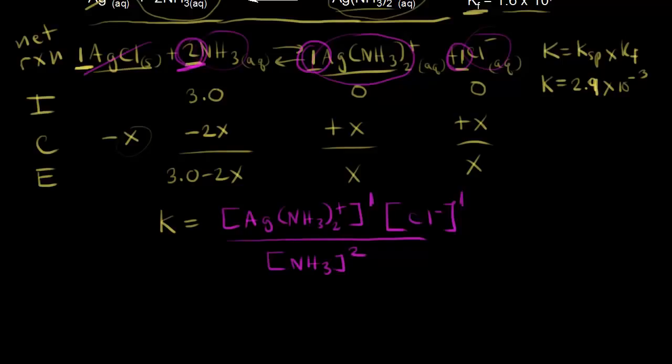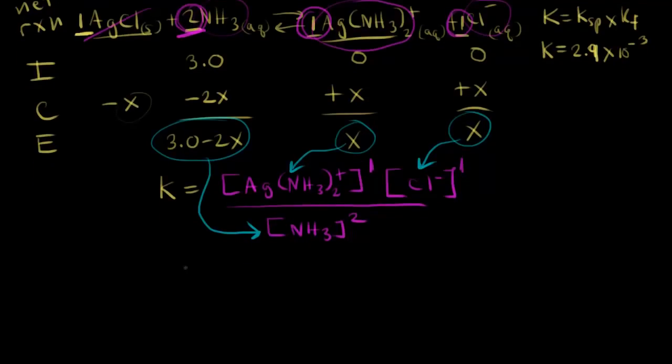Next, we plug in our equilibrium concentrations. So our equilibrium concentration of ammonia is 3 minus 2x, our equilibrium concentration of complex ion is x, and our equilibrium concentration of chloride anion is x. So on the right side, we would have x to the first power times x to the first power, right, all over 3 minus 2x to the second power, so squared.